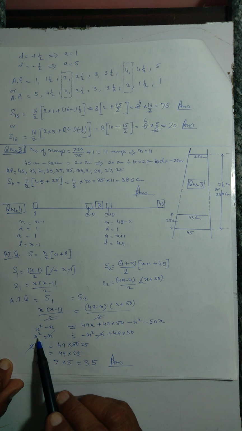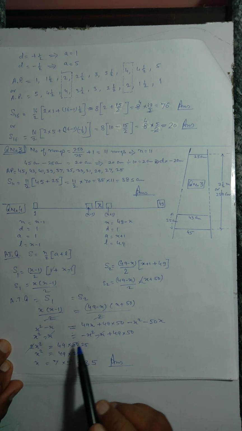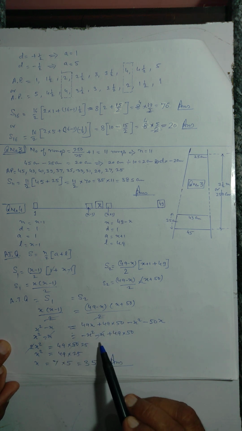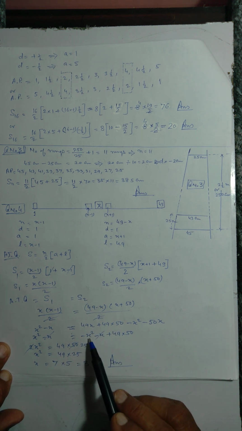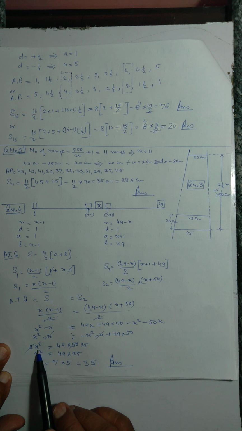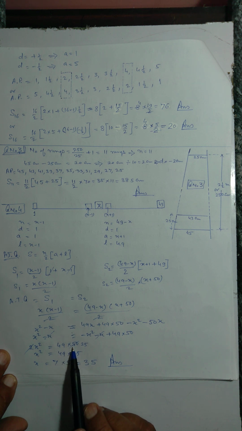Now you see x square minus x. So minus x on the left hand side and minus x on the right hand side, these two will be cancelled. Now when you transpose this minus x square to the left hand side, it will become 2x square. So 2x square will be equal to 49 into 50.